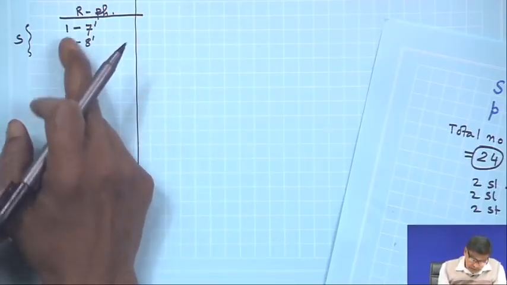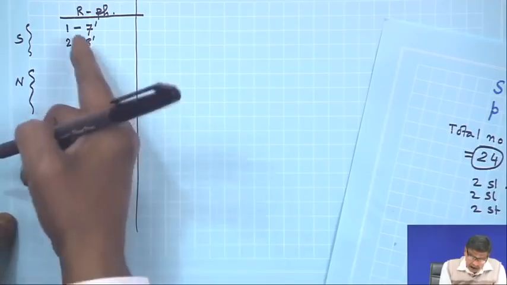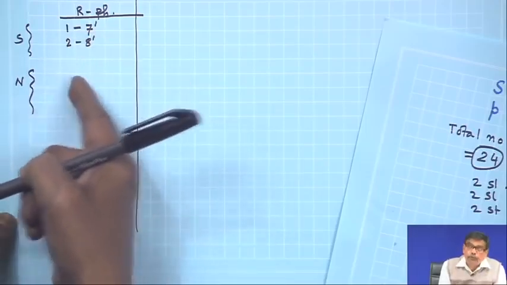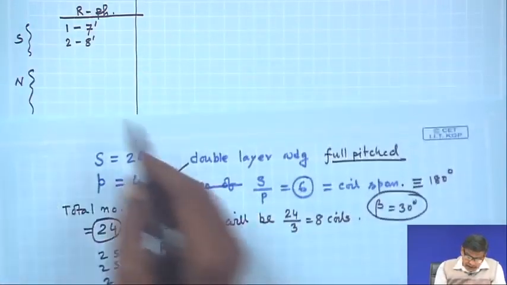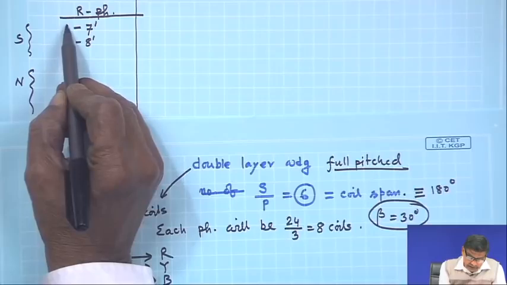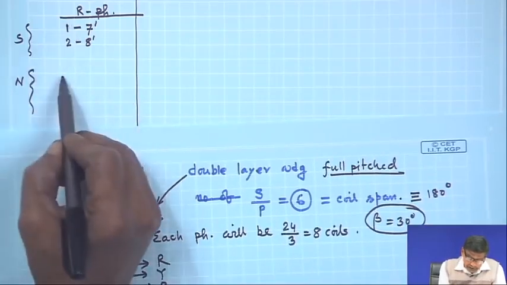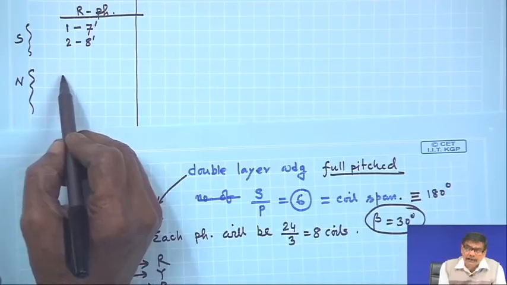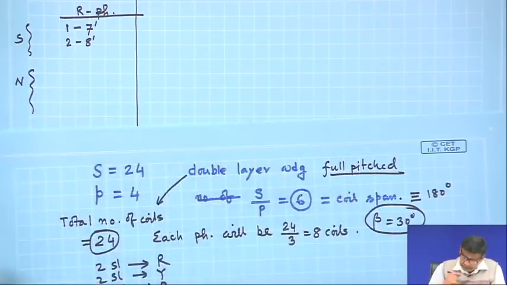Where from under the north pole will the R phase second group start? It must start after the north pole beginning, at a south pole beginning, and that separation is 6.